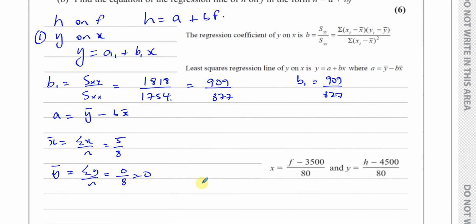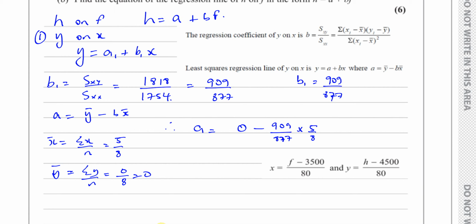So therefore A is equal to Y bar, which is 0, minus B, which we found here, which is 909 over 877, multiplied by 5 over 8.